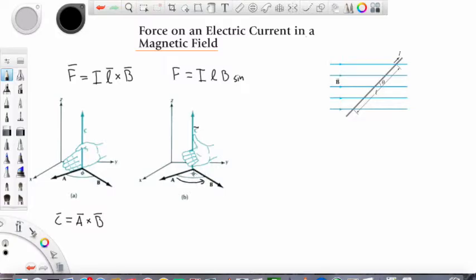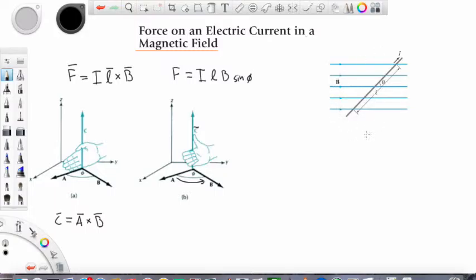So this is the angle phi here. These two operations will give you both the direction and the magnitude of the force acting on a conductor that has been placed into a magnetic field.